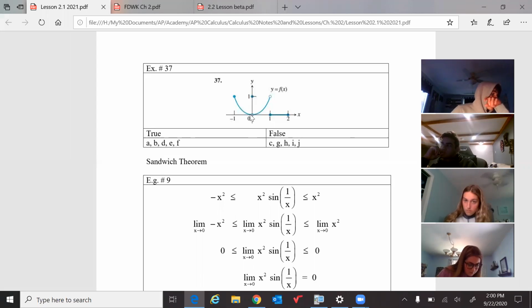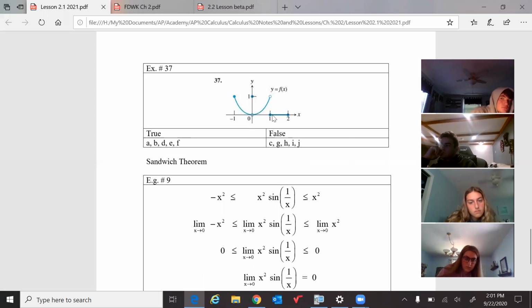Then E says, the limit as x goes to 0 with no superscripts. Well, E's true. Why? Because the limit from the left and the limit from the right are the same. So you can drop the superscripts. But if you look at 1, the limit from the left is going to 1, and the limit from the right is going to 0.